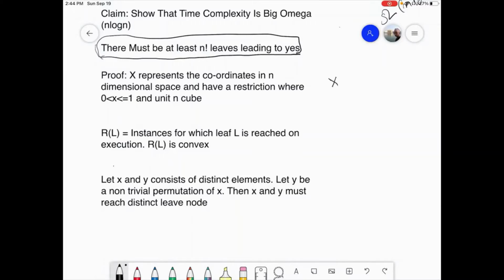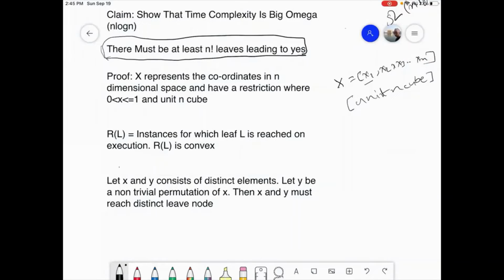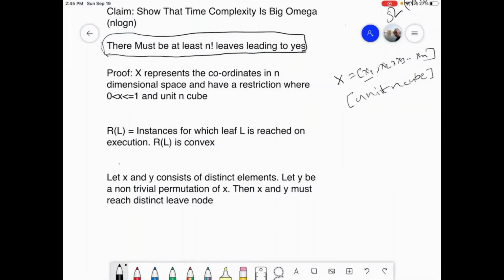So here, for example, x is x1, x2, x3 followed by xn, where each coordinate represents one element in the array. We also restrict this space to the unit n-cube, and we take another restriction: xi lies between 0 and 1.